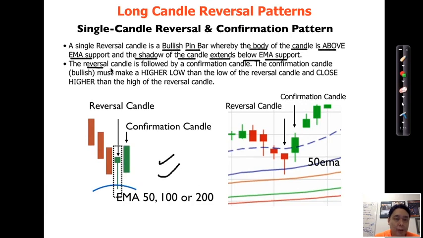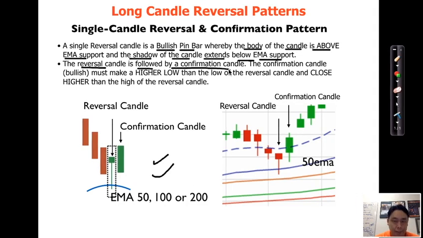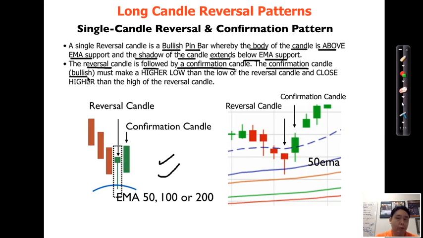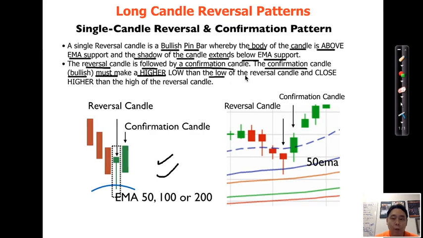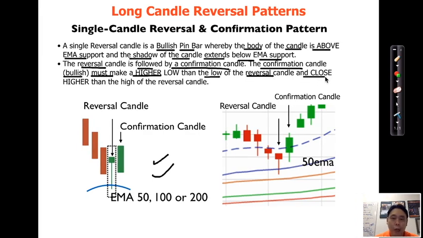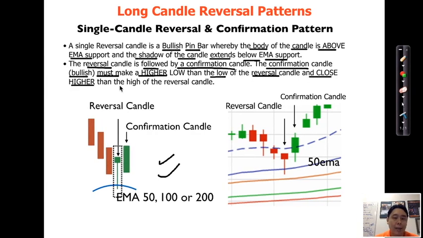Now, the reversal candle again must be followed by a confirmation candle. The confirmation candle must be bullish if we are going long, obviously, right? And the confirmation candle must make a higher low than the low of the reversal candle and close higher than the high of the reversal candle.